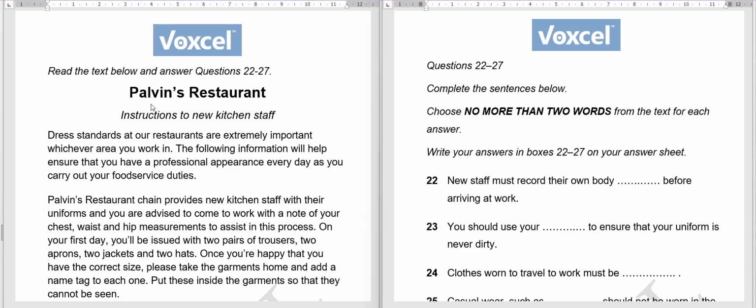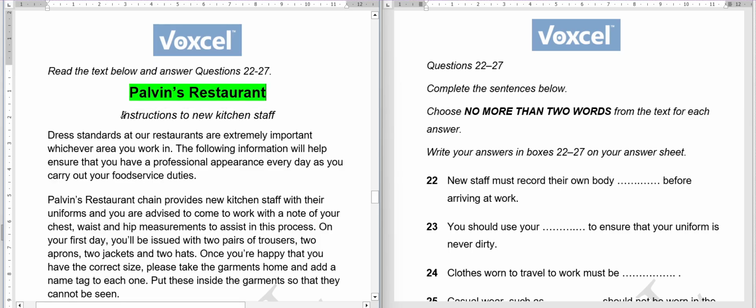Palvin's restaurant, instructions to new kitchen staff. So this text is about this particular restaurant called Palvin, and it is basically instructions given to new kitchen staff, like the do's and don'ts given to new people. Let's see what kind of questions we have to deal with.